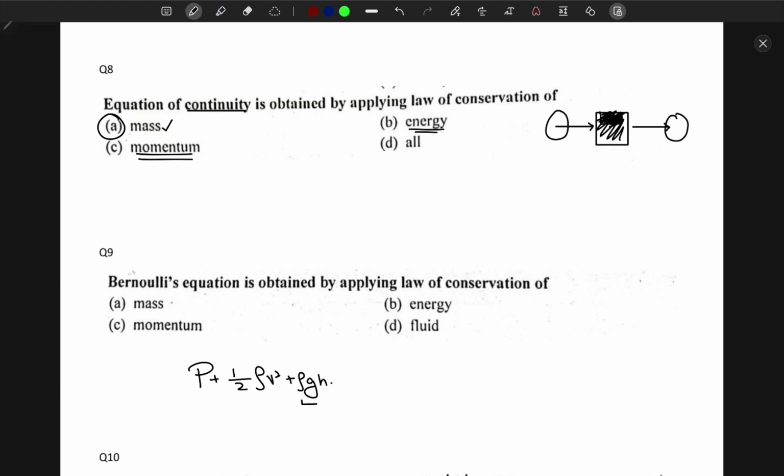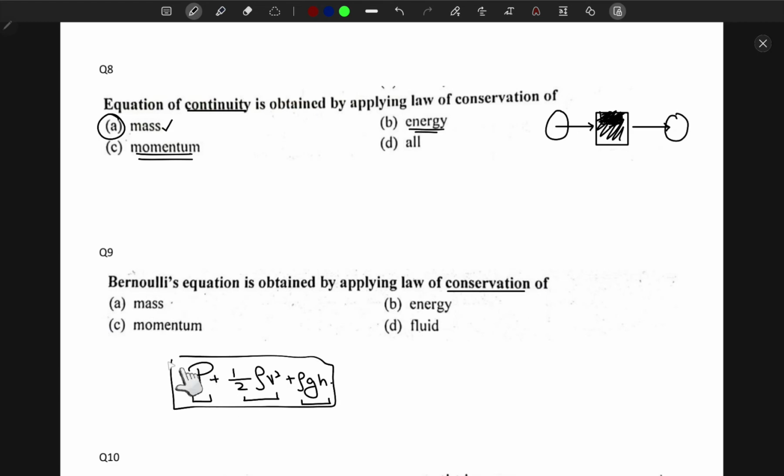Now these are all basically mechanical energies, right? These are basically energy per unit volume, but they are energies. So we apply the conservation of energy, or specifically the conservation of mechanical energy, and then we obtain this equation.